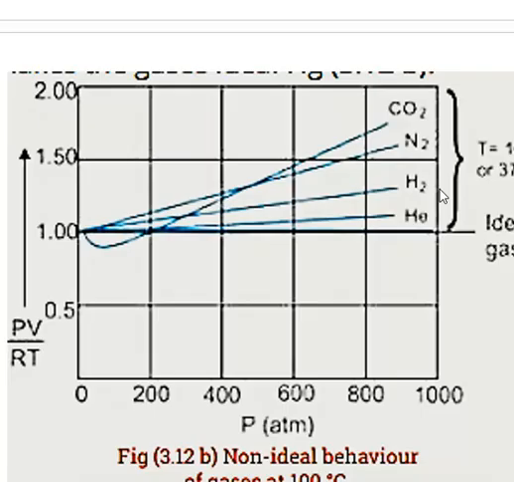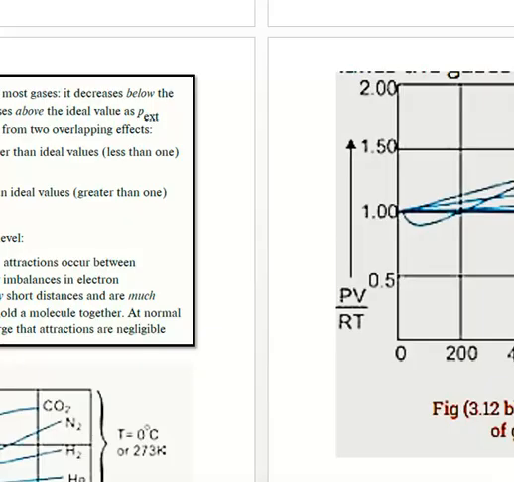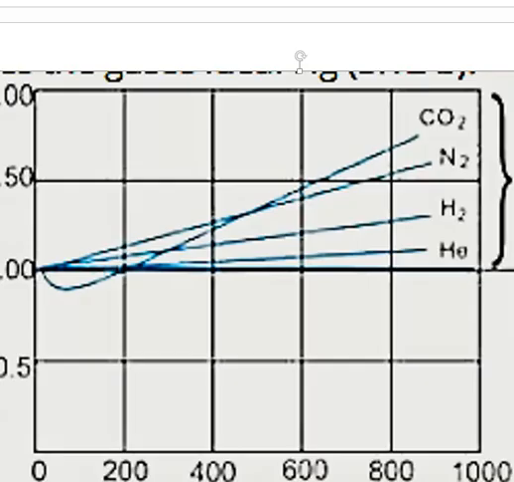By increasing the pressure and by decreasing the temperature, the force of attraction between the gas molecules becomes dominant, and gases deviate from ideal behavior. Hope you understand this concept.